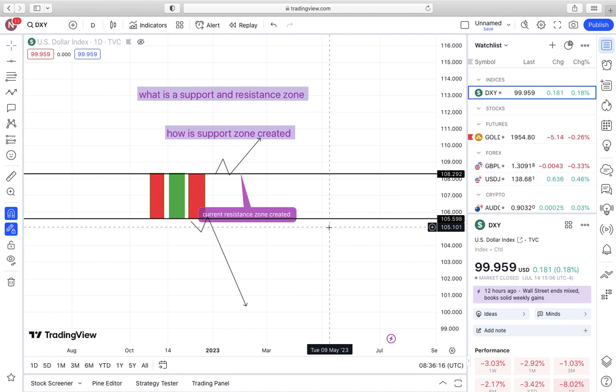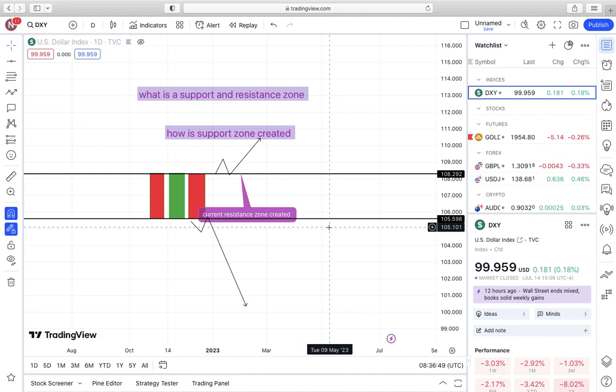Now, I have already said that a support zone is created when a bearish candle and a bullish candle are created at a key zone. That is a support zone created. When another candle follows, like a bearish candle follows that support zone, which means that support zone has now been violated, we will form what we call a current resistance zone.